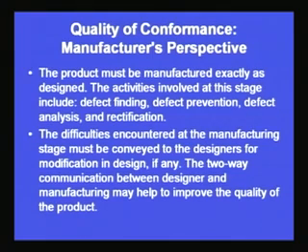The difficulties encountered at the manufacturing stage must be conveyed to the designers for modification in design, if any. The two-way communication between the designer and the manufacturing may help to improve the quality of the product, and for this purpose a new branch of science and engineering is in place these days and is being widely taught to the students of engineering, that is called design for manufacturing.